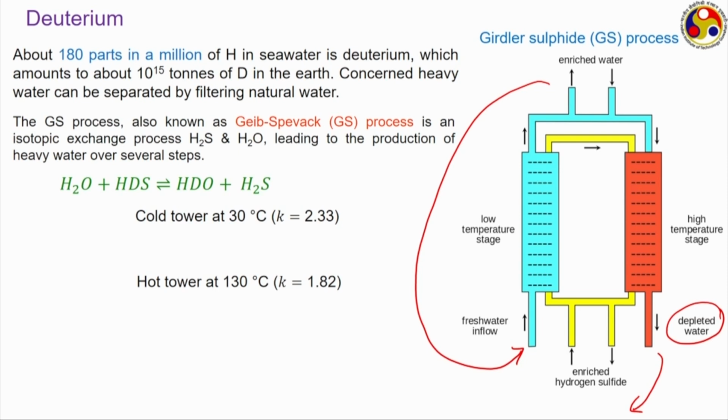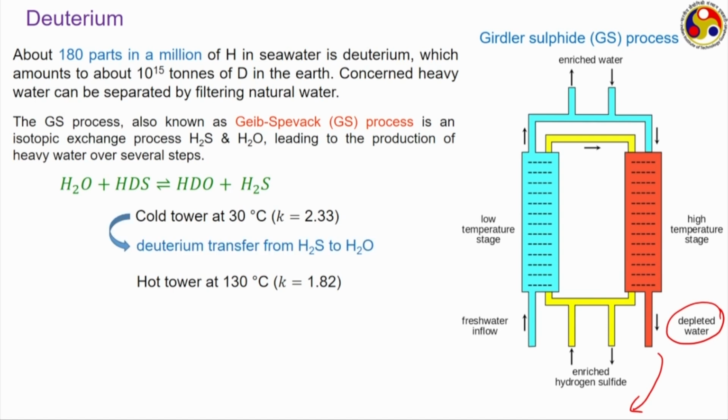This way we generally have several processors put in series, and the principle is always that the enriched water collected from one reactor is fed back to the same reactor, or occasionally to the downstream side of another reactor which may be placed somewhere here, and the depleted water that is coming out from the hot chamber or hot tower is fed to a lower side or an upstream reactor.